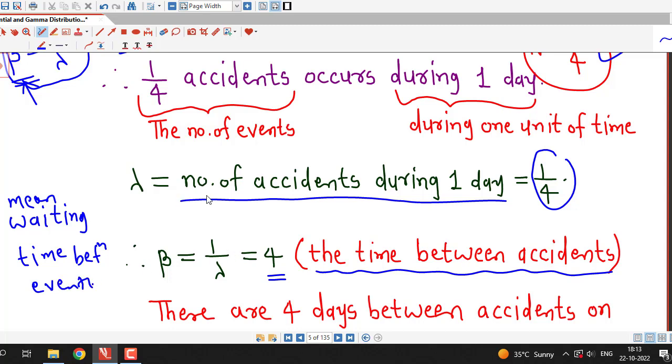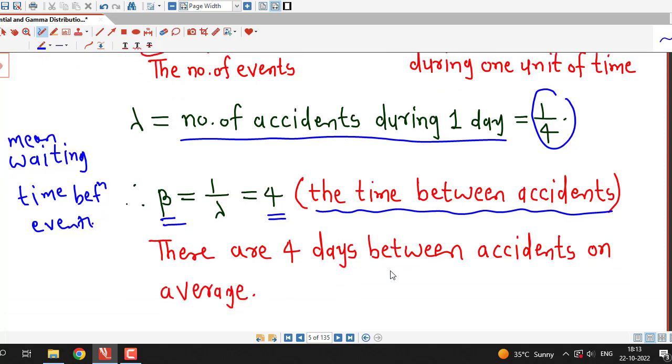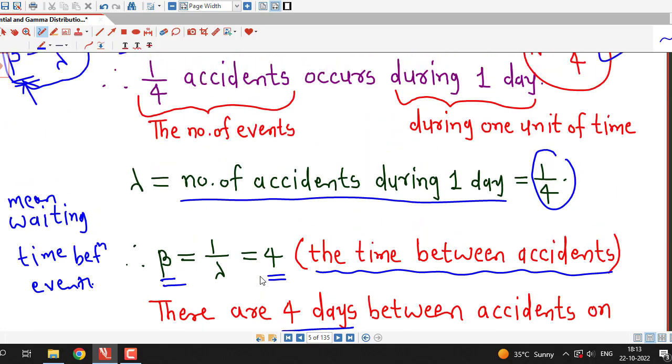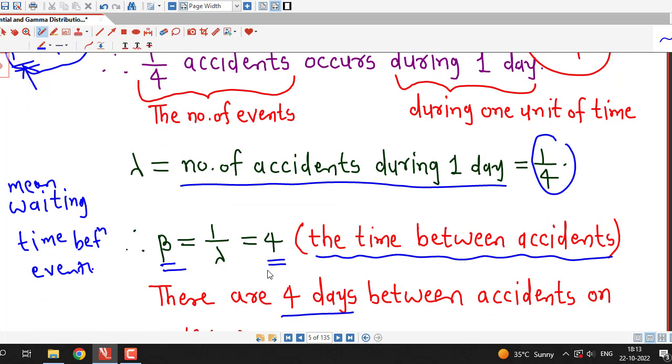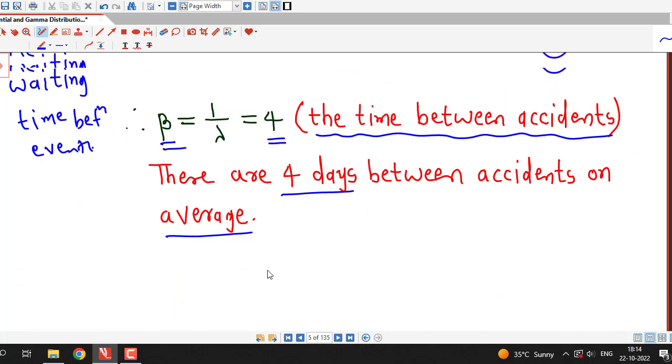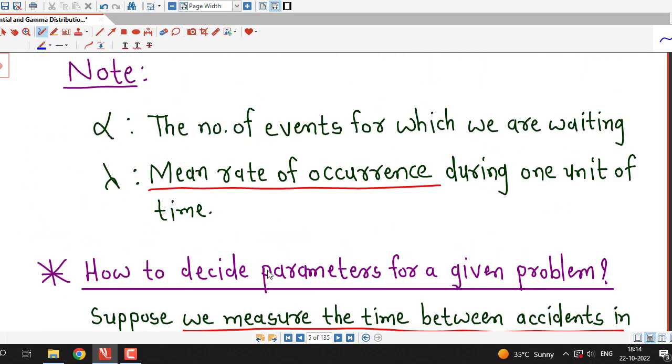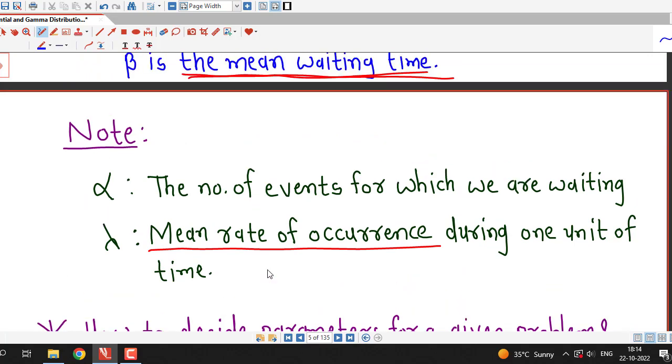So here lambda is 1/4, therefore beta equals 4, that is the mean time between accidents, or we can say that there are 4 days between accidents on an average. If we are able to decide lambda or beta appropriately from our question, then we can easily answer the questions or probabilities using the gamma distribution.